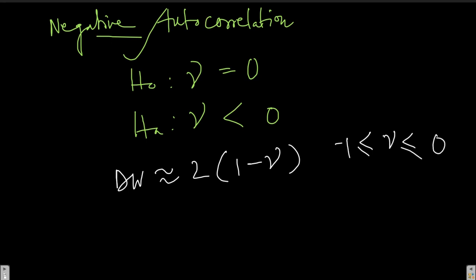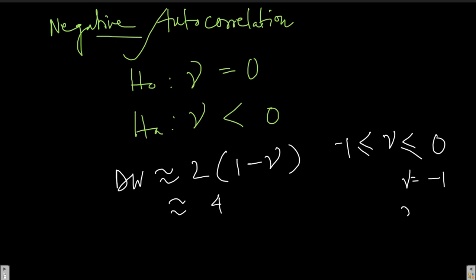So let's first put gamma equal to minus 1. That means a perfect negative autocorrelation. So the Durbin-Watson statistic would be 2 into 1 minus minus 1, which is 2 into 2, 4, right? It's close to 4.